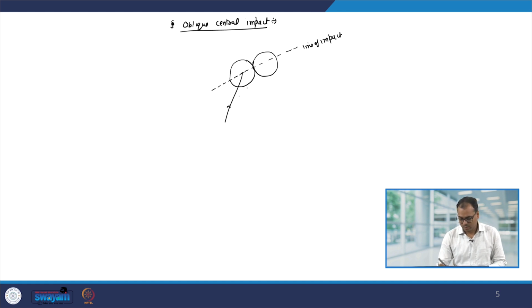And let us say the velocity of body A is V A and the velocity of body B is V B. Then the question was, after the impact, what is the velocity of the bodies? So, let us say this is V B prime, this one is V A prime, and the directions are also involved. So, there were 4 parameters, 2 for the velocity and 2 for the direction.